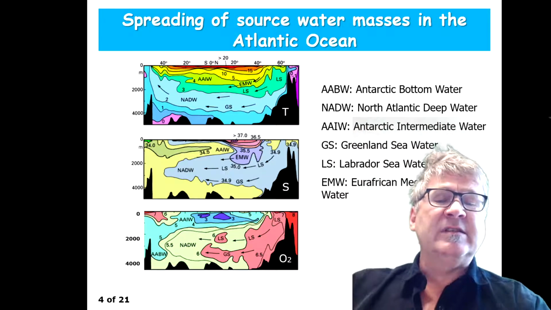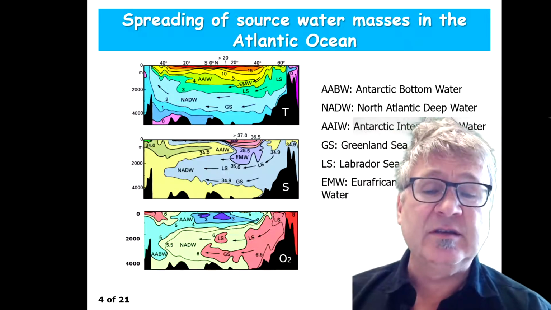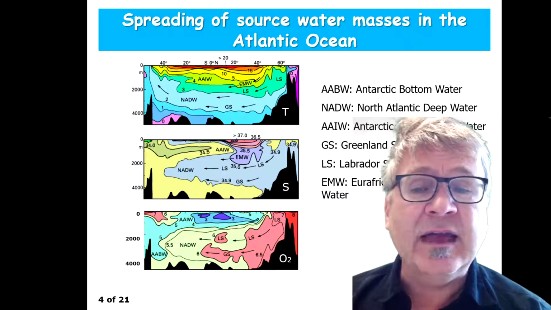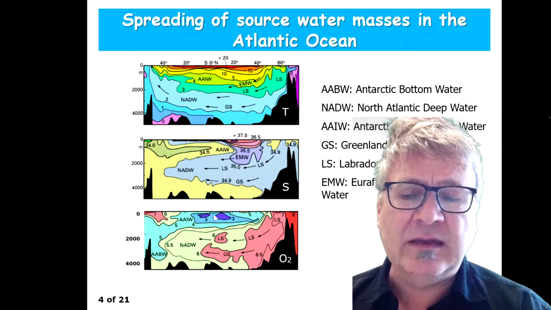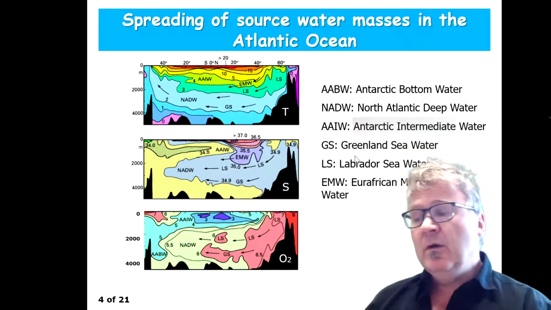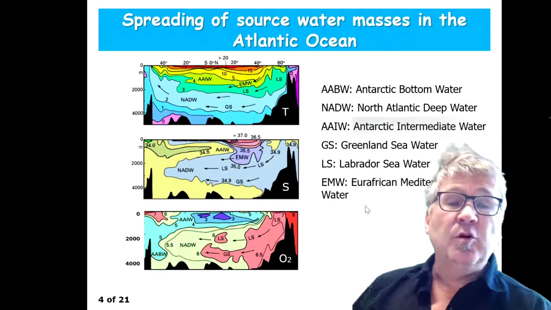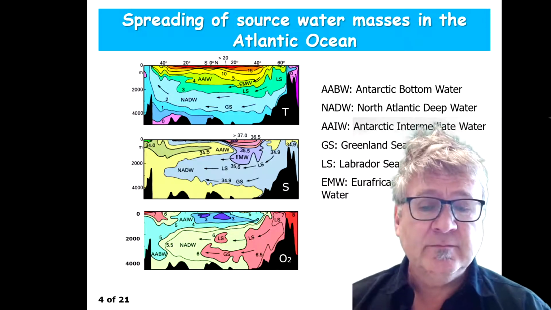You can only see oxygen minimum zones just near the equator at depth, something like 500 meters or so and below. You can see a minimum. These are the source water masses that you find in the Atlantic Ocean.